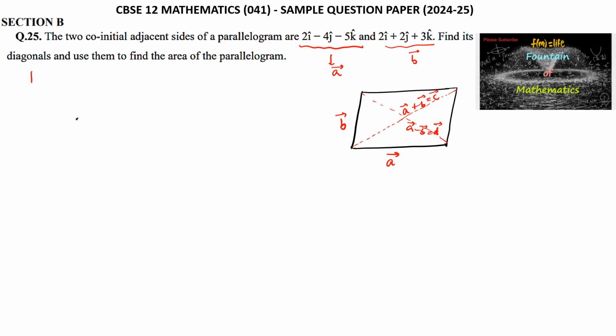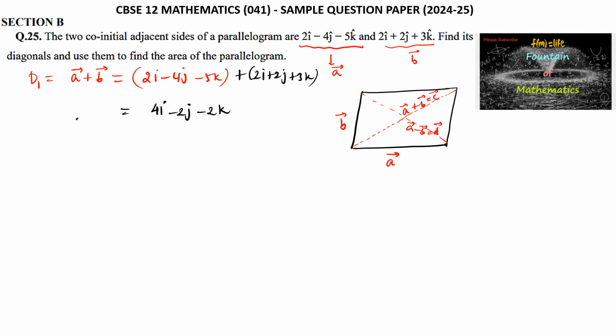Let us consider vector D. So the diagonal 1 is vector A plus vector B, which is equal to 2i minus 4j minus 5k plus 2i plus 2j plus 3k, which is equal to 2 plus 2, that is 4i, minus 4 plus 2, that is minus 2j, minus 5 plus 3, that is minus 2k.